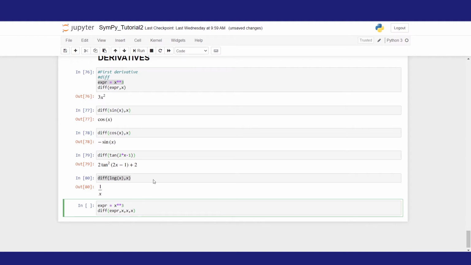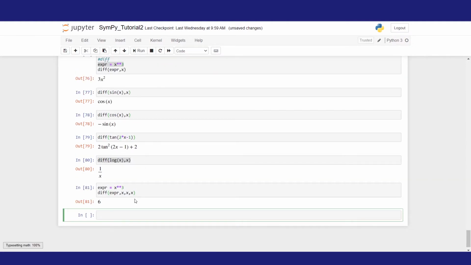So if we go by 3 times, the first time gives us 3 in front. The second time, minus 1, 2 in front, that comes to 6x. And then the third time the x in front, and then we subtract off 1. So our expected answer is just 6. Okay, so this is how you can go about that.